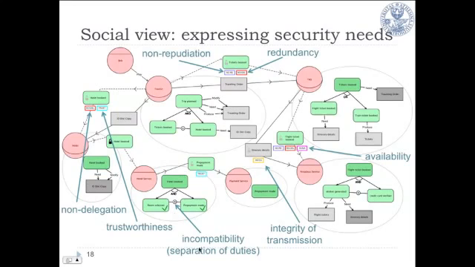In terms of combination and incompatibility, we have expressed the separation of duty constraint over the goals room selected and prepayment made, specifying that these two goals should not be achieved by the same actor. Whereas between goals ticket booked and hotel booked, we have specified a binding of duty constraint requiring the same actor to achieve these two goals.